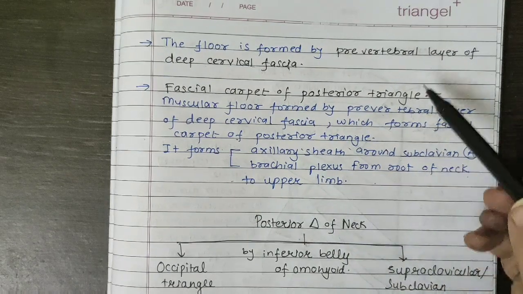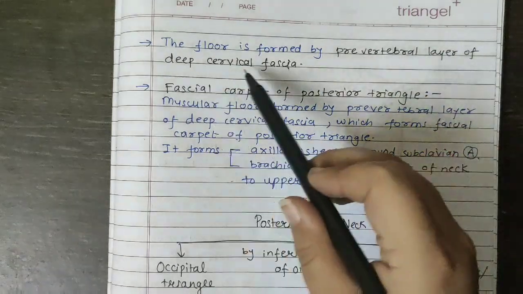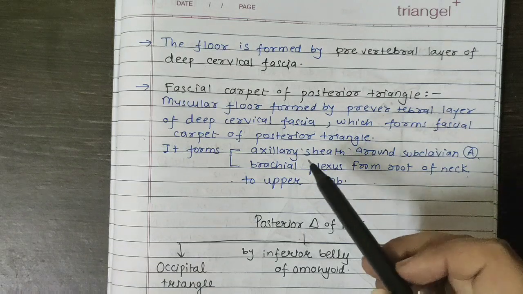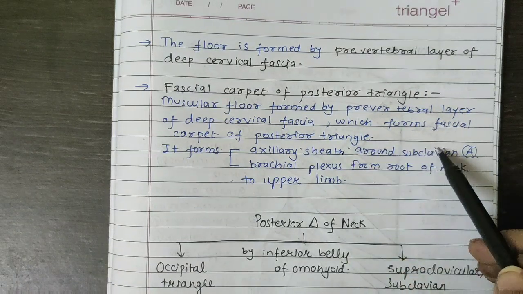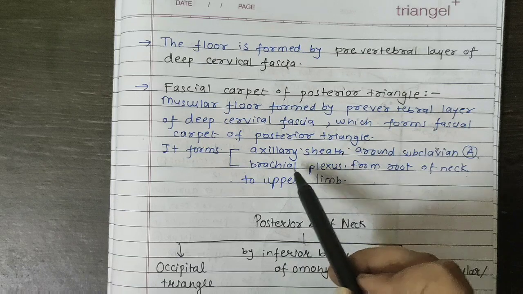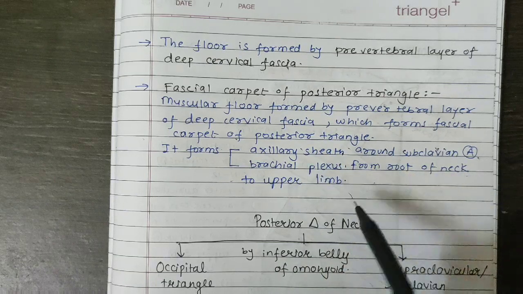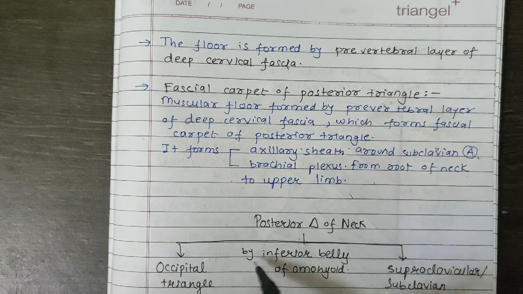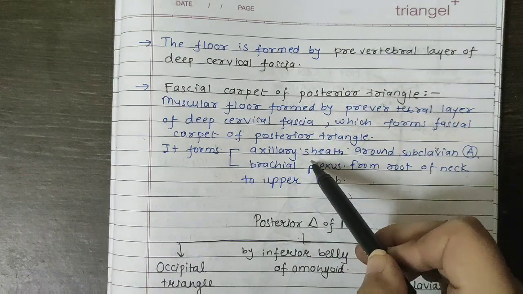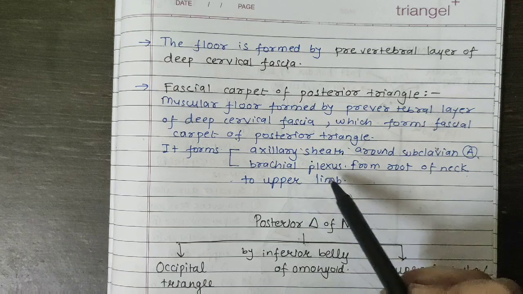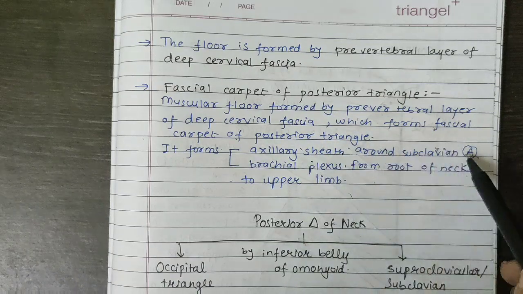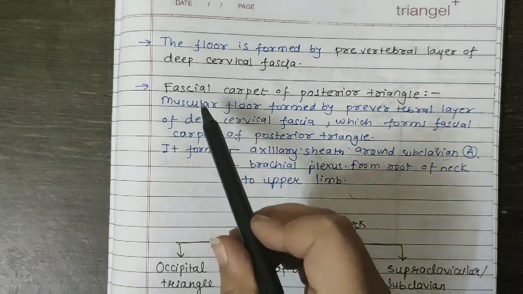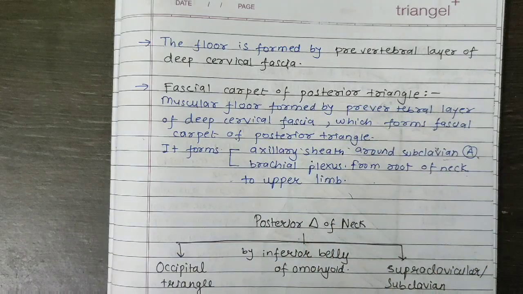So this fascia, the prevertebral layer of deep cervical fascia, forms the axillary sheath around the subclavian artery and the brachial plexus from root of neck to the upper limb. So this helps in the nerve supply of the brachial plexus from root of neck to the upper limb and forming the axillary sheath around the subclavian artery. That is the fascial carpet of posterior triangle.